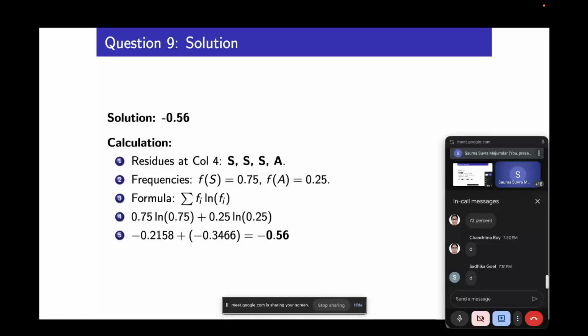Sir, in our exam, will we be given a scientific calculator to calculate the log scores? I'm not sure, but I don't think you need to remember them. If you need log values, I think they'll provide them.